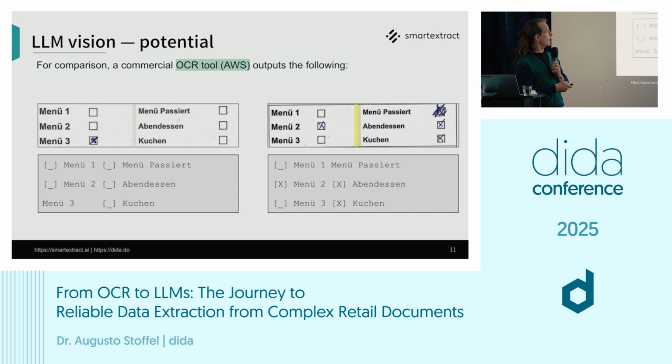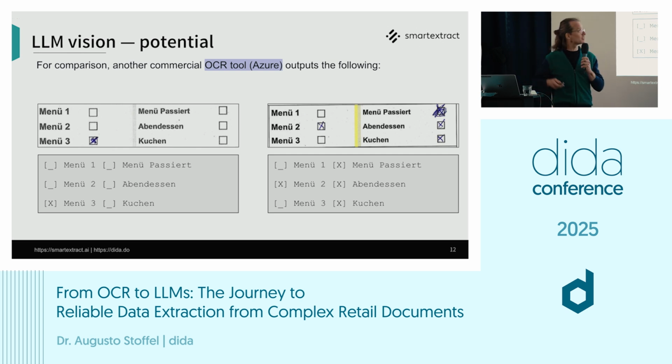And then if you try some other OCR, it will find this X, but also find that X. I'm not saying this to criticize any of these OCRs. They are very reliable and robust, but they are just not as easy to adjust to special use cases. They do what they do very well, but in this case, they don't do what we need.